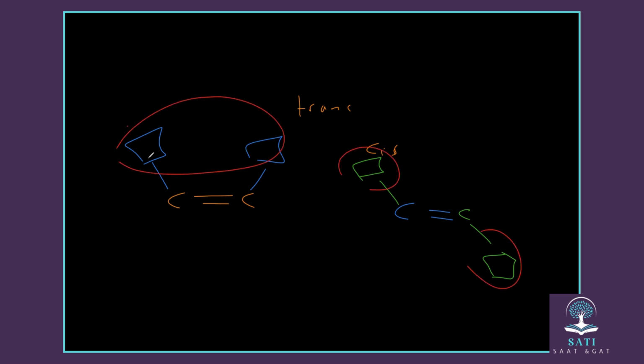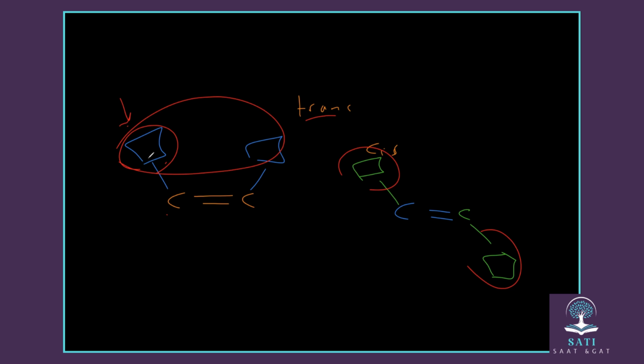In this case, this is trans and this is cis. They have the same number of carbon atoms and the same number of other atoms, but the groups attached are in different places. This type of isomers we call geometric isomers.